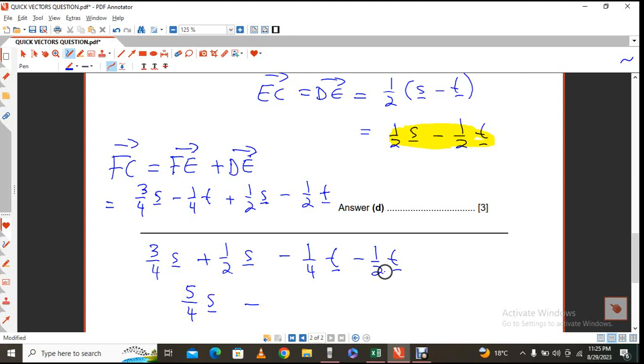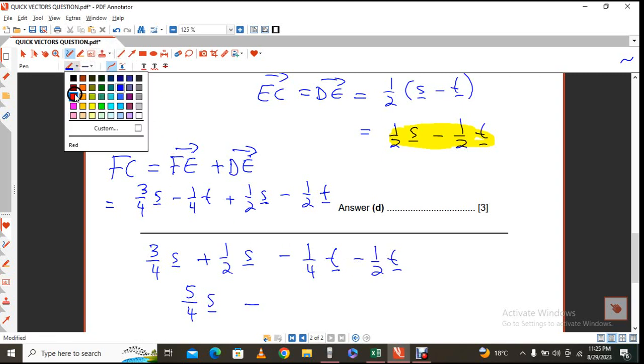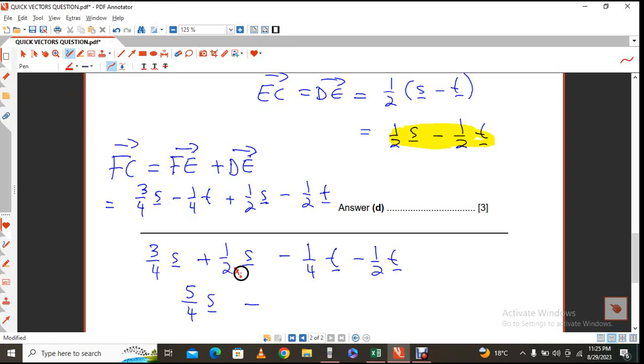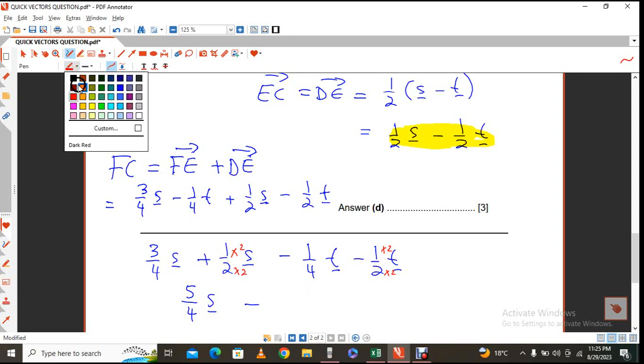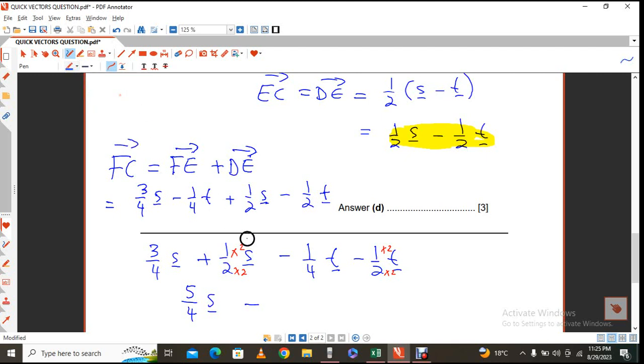Sometimes students don't really see what we do: the LCM here times 2 times 2, so it will be negative 3 over 4T.